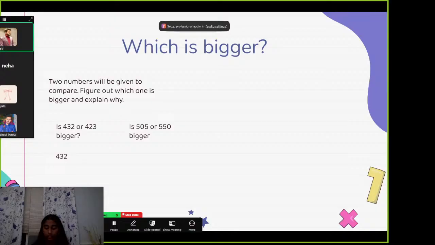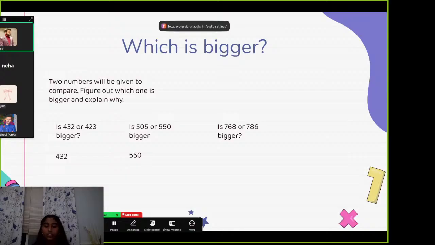And so in this one, 550 is a bigger number because it's adding 50. So it's moving the 5 from the ones place in 505 to the tens place, which adds 50.